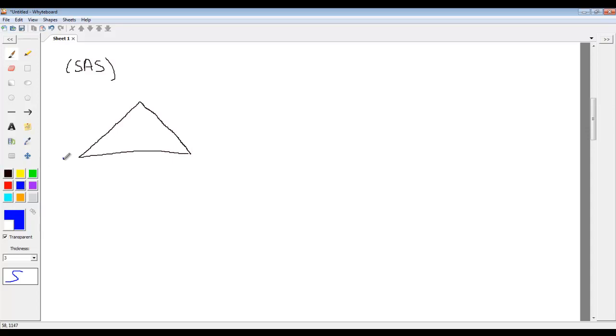Triangle ABC. Okay. And let's say you know that B is 73.5 degrees. And then you know that side A is 28.2 feet. And you know that side C is 46.7 feet. Oops, down here, not up there.